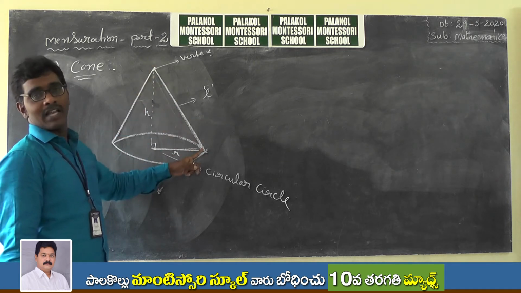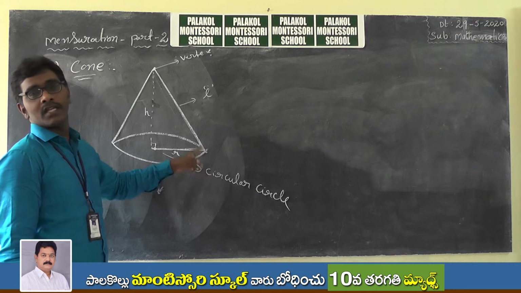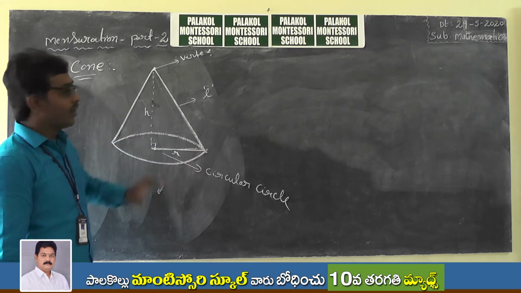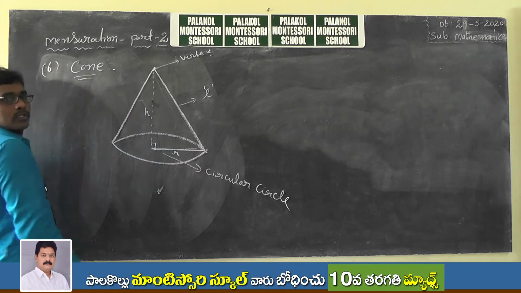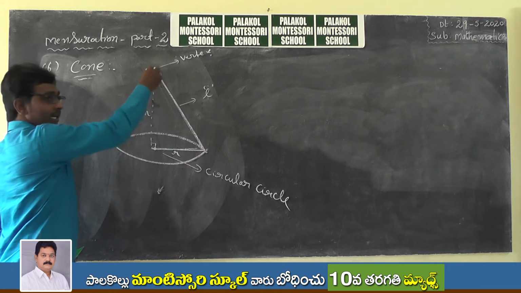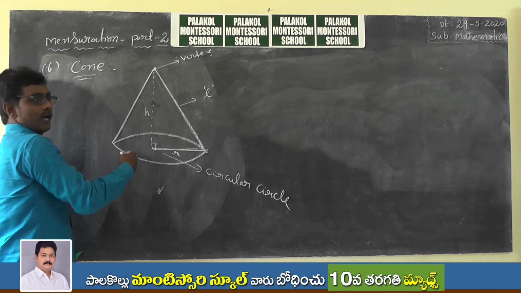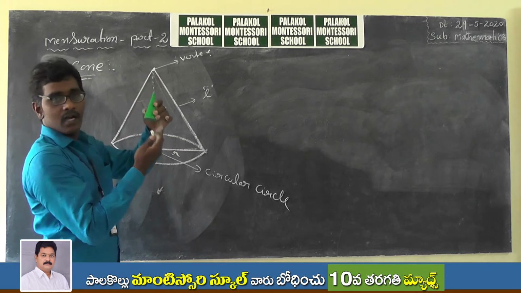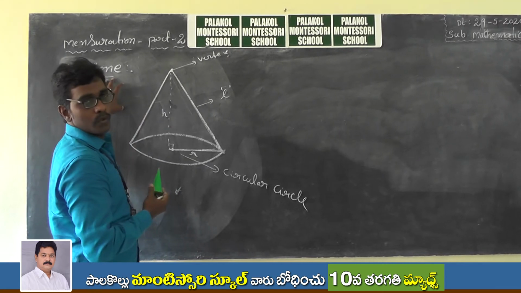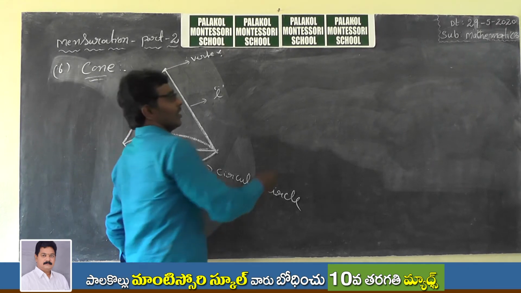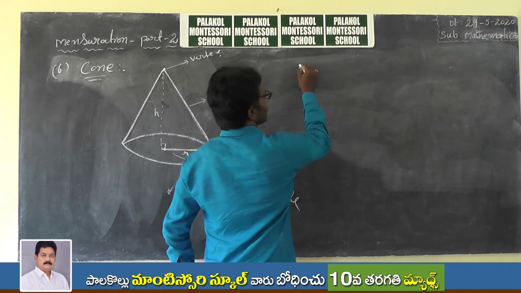It forms one line, and that line is called the slant height. How to define a cone? A vertex with the base circle ending and a curved surface area is called a cone.